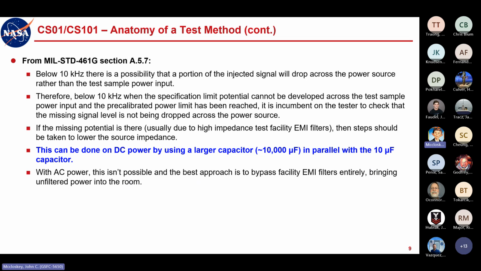Okay, so if you're using 400 hertz power or even 60 hertz power, this 10,000 microfarad is going to filter out some of your intentional power, which you don't want to do. But if you're using DC power, a big honking capacitor is not going to affect your DC at all. So it works just fine.